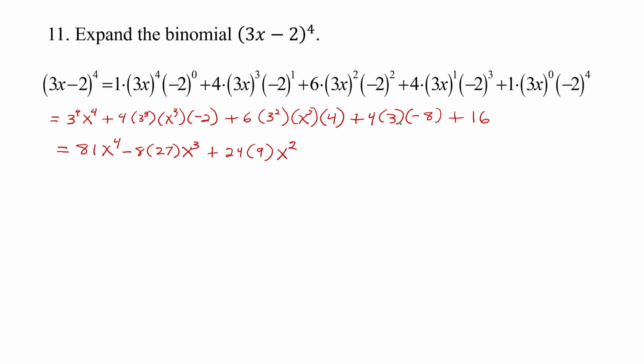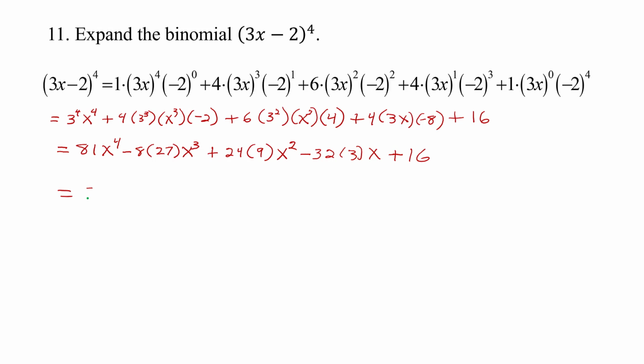We have plus 4 times, let's just clean this up a bit. We have plus 4 times 3 raised to the 1st power times x, and then times negative 2 cubed, which would be negative 8. Okay, so now for this term, 4 times negative 8 would give us negative 32. Negative 32 times 3x, and then plus 16.